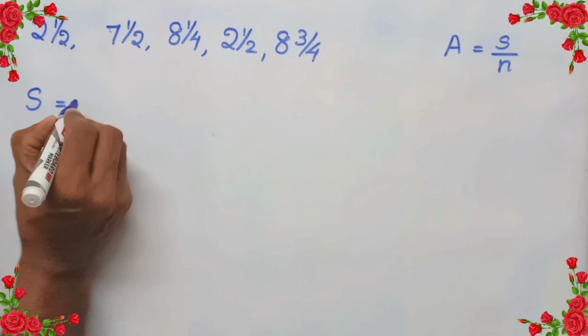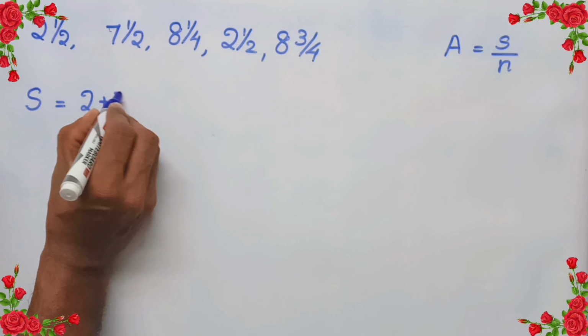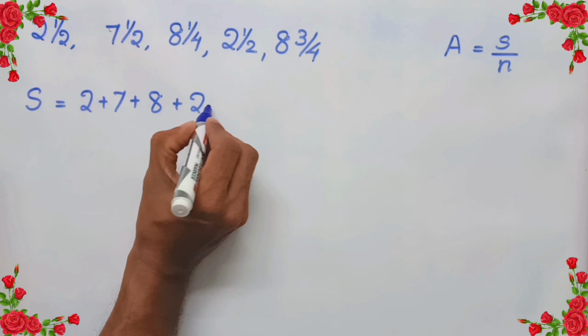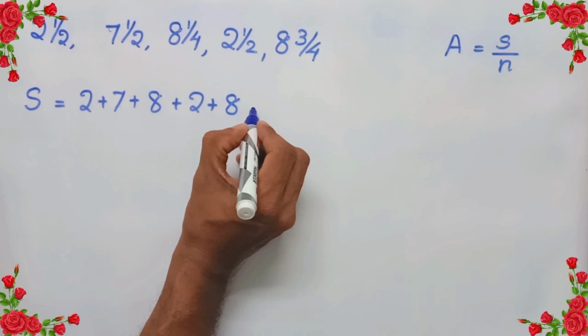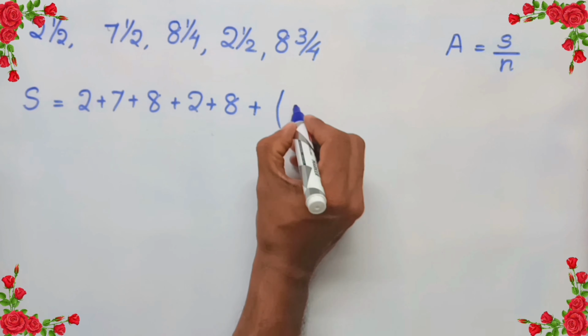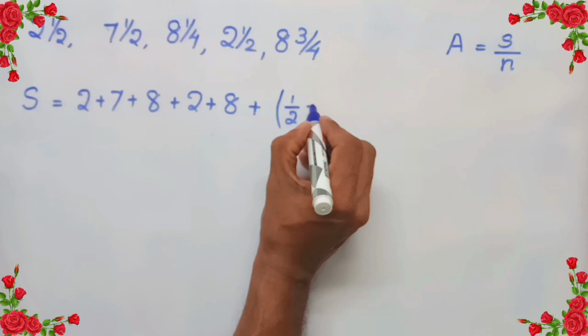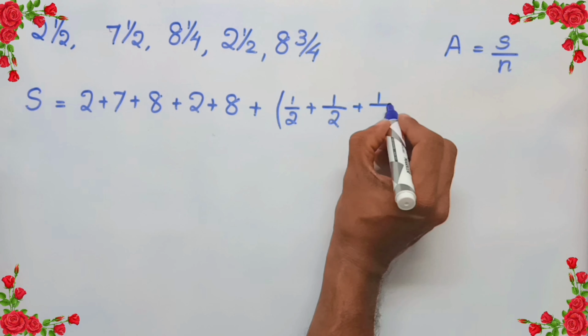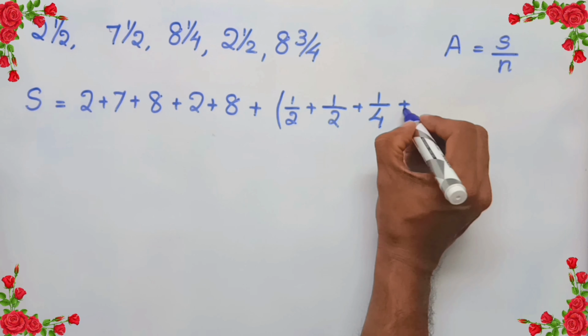Let's add the whole numbers together. 2 plus 7 plus 8 plus 2 plus 8 plus, now let's add the simple fractions. 1 by 2 plus 1 by 2 plus 1 by 4 plus 1 by 2 plus 3 by 4.